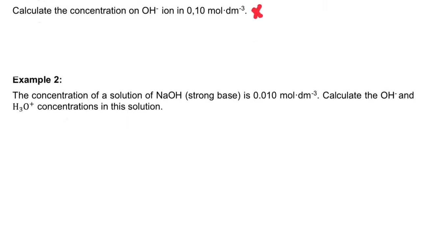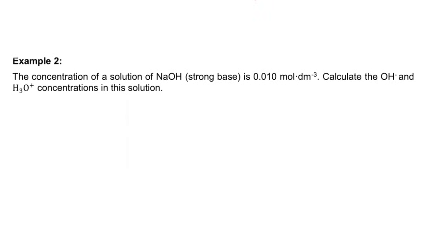The concentration of a solution of NaOH, a strong base, is 0.01 mole per decimeter cube. Calculate the OH- and H3O+ concentration in this reaction. Okay, let's go ahead and take a look at that.